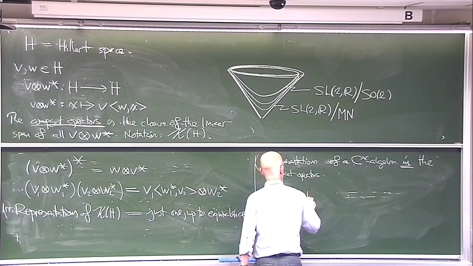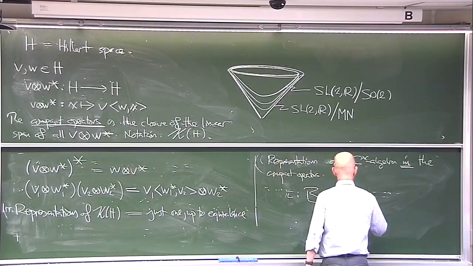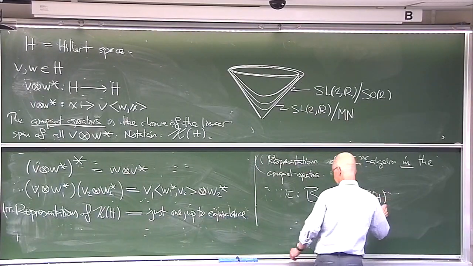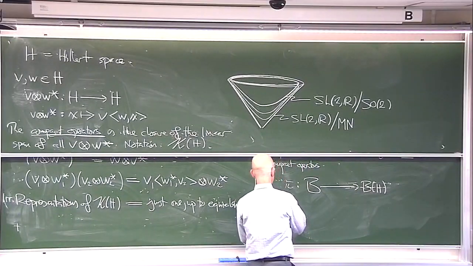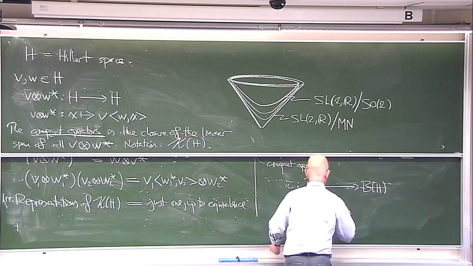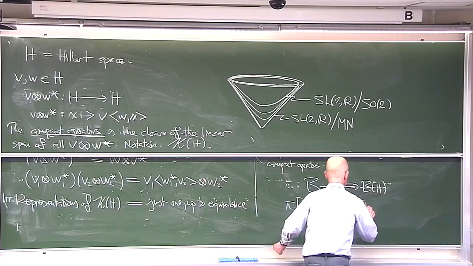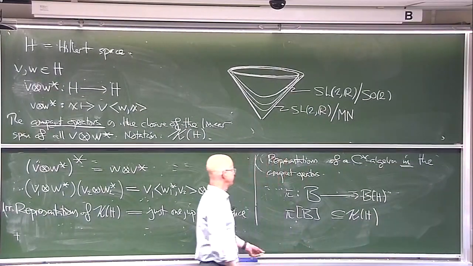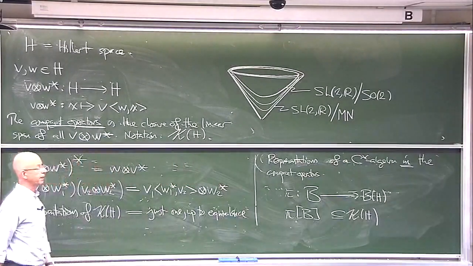So in other words, I'm imagining I have a C-star algebra B. It's represented as bounded operators on some Hilbert space. But let me assume that the image of the representation consists entirely of compact operators, like this.